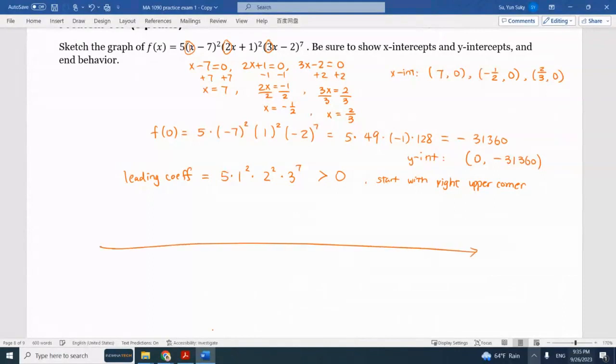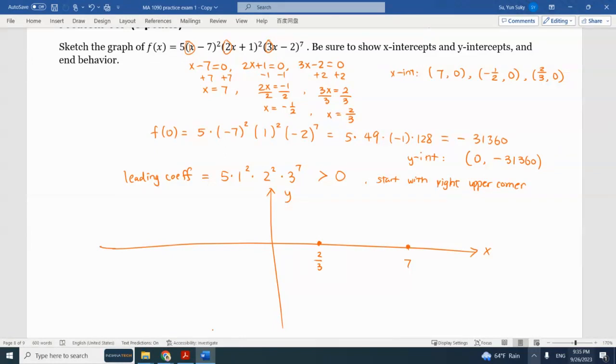Okay, so real number line and x-axis, y-axis, plot the x-intercepts. They don't have to be the exact scale, okay? You just want to make your graph very beautiful. So I know 7 is the largest number, so put the 7 here. And then I know 2/3 is another number.